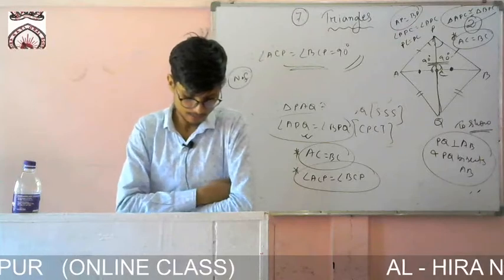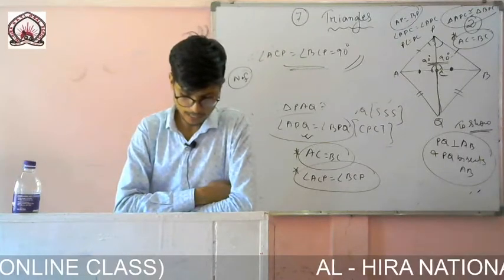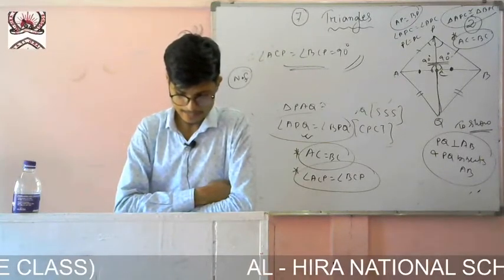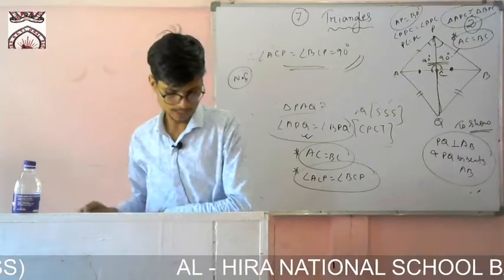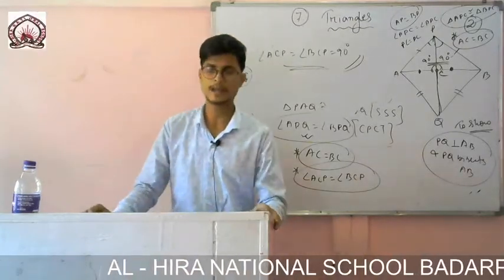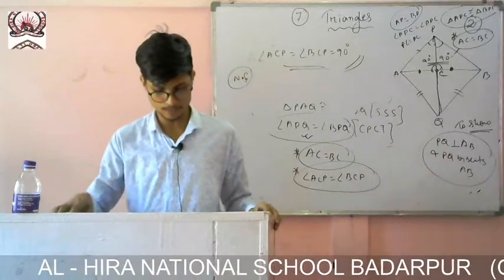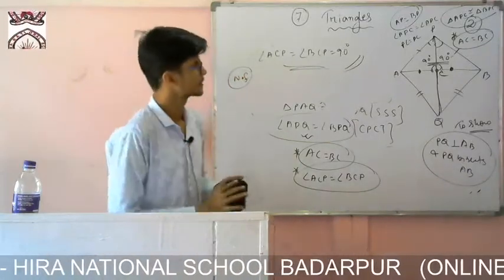P is a point equidistant from the two lines L and M intersecting at point A. Show that the line AP bisects the angle between them. Okay.